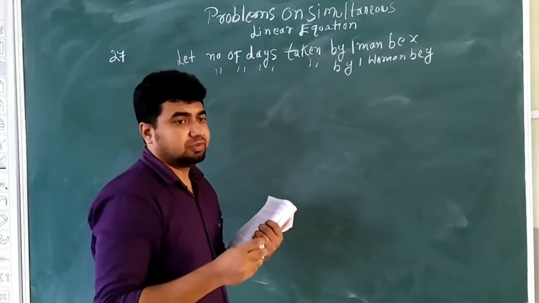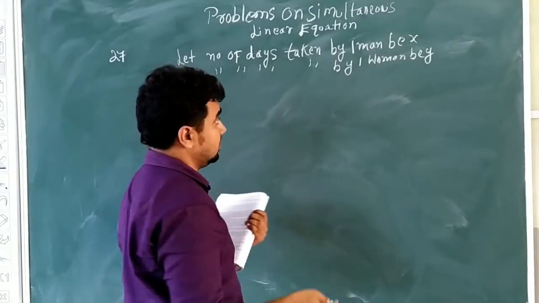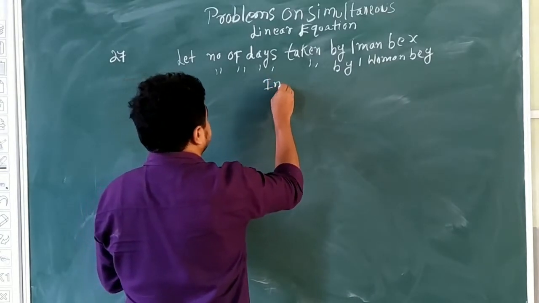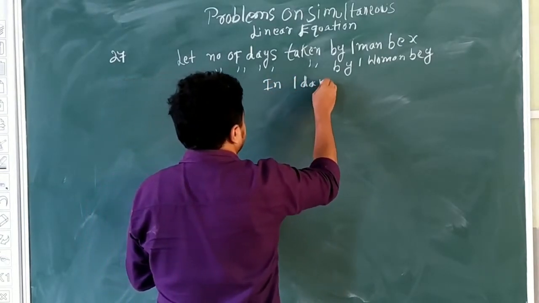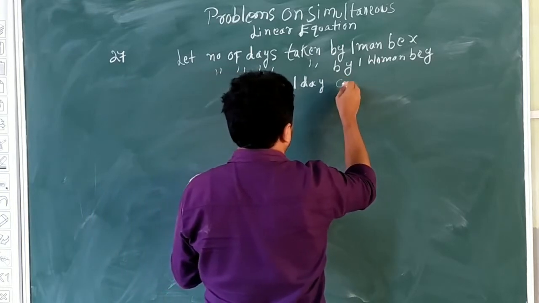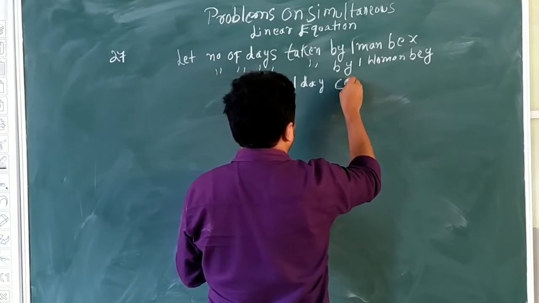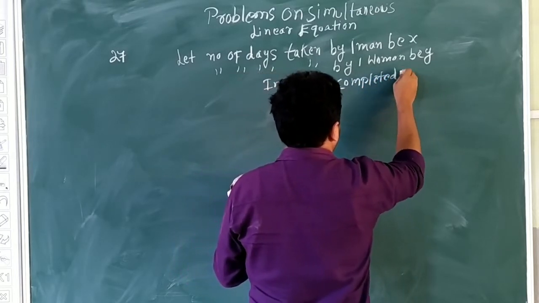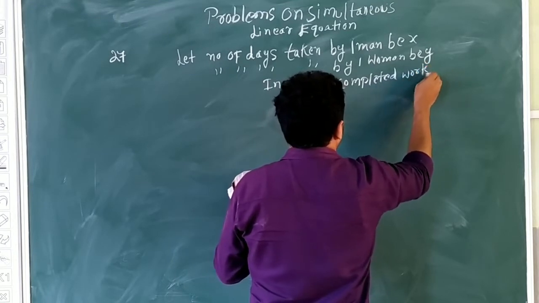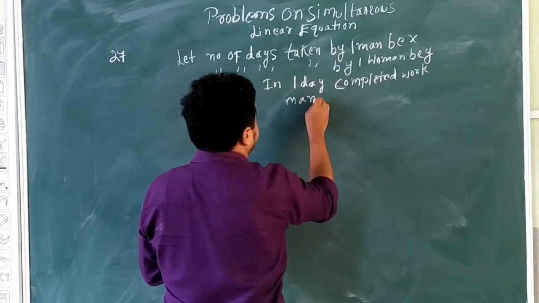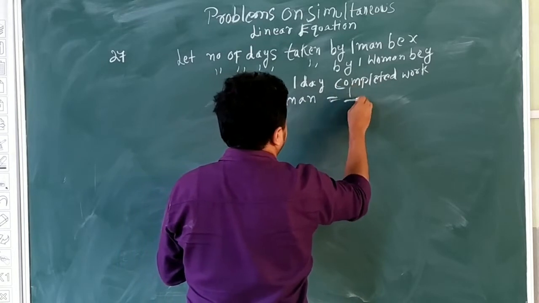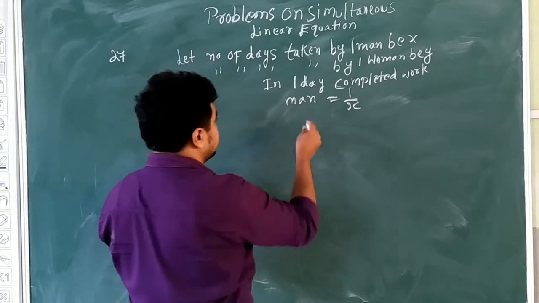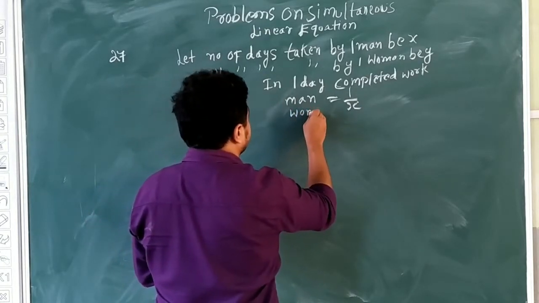So it is taking x days and another is taking y days. So in 1 day, the completed work by a man will be equal to 1 by x. And in 1 day, the completed work by a woman will be equal to 1 by y.